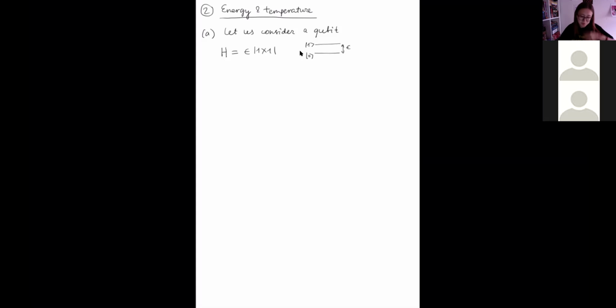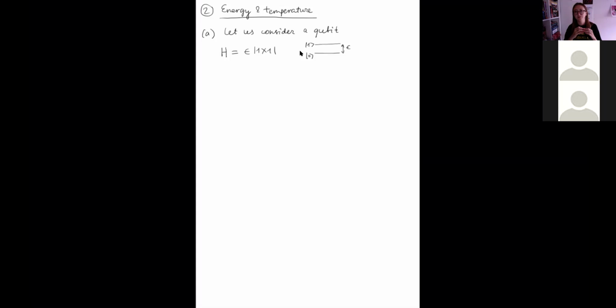Okay, so the first question is, given this Hamiltonian of this qubit, what is the thermal state of the qubit? And first, a bit of intuition, of how this is physically represented. So we have 2 levels.